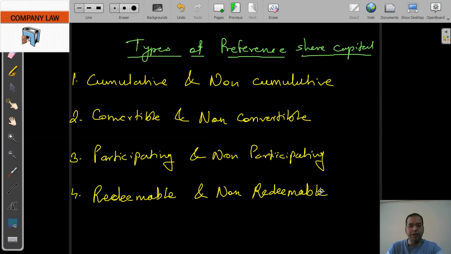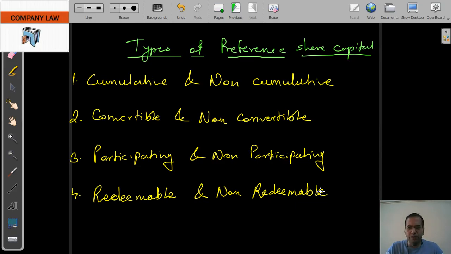So what is cumulative? Dividends are basically accumulated and therefore can be paid before anything which is paid to the equity shareholders. So cumulative shareholders will always get preference over the equity shareholder. Let's assume that a company is not able to pay the dividend because of loss or no profit.